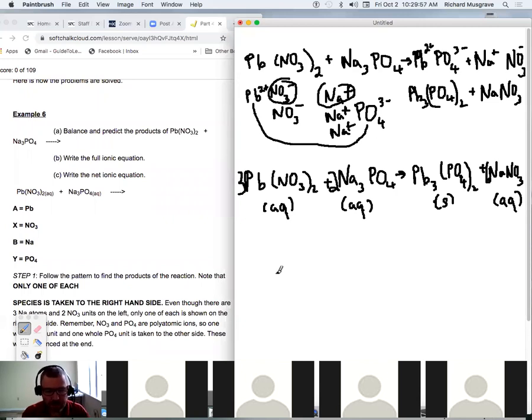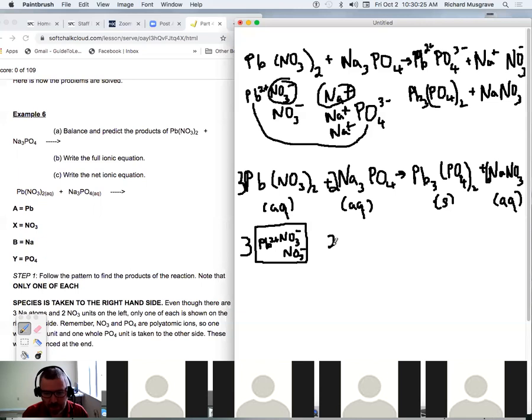So how do we know what this is breaking apart into? Well, what I like to do is, I've got a 3 outside. It's kind of like a box that contains Pb and 2 NO3s. That's minus, minus, and that's going to be 2 plus over here.